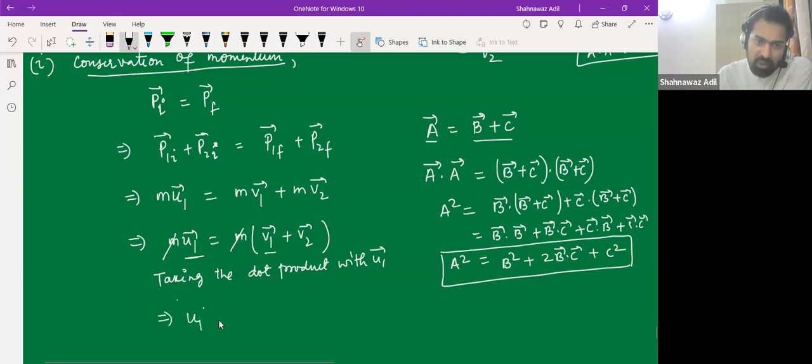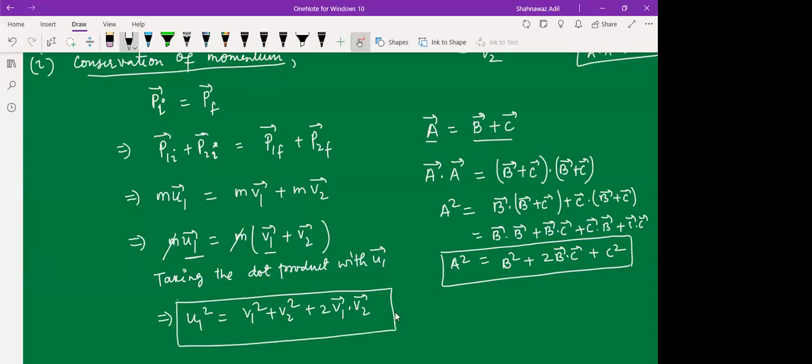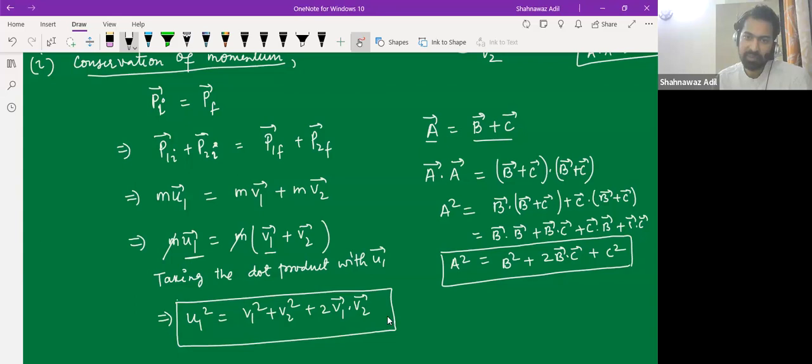So u1 square is v1 square plus v2 square plus 2 v1 dot v2. Clear, everyone? Yes, sir. Okay, so let's say this is one equation, right?